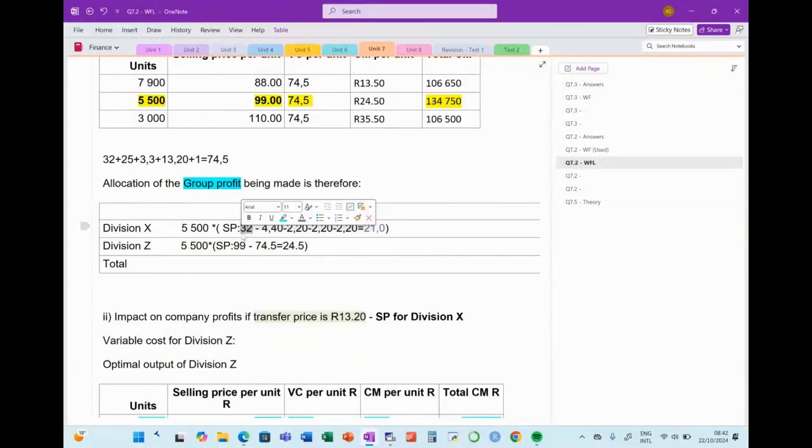It says, Division Z, no, let me start from the beginning. 5,500 units are transferred internally to Division Z at a transfer price of 32 Rand per unit. The transfer price is obtained by deducting variable expenses from the external selling price. So when it comes to our internal, we are not charging that variable selling price. So I guess it's part of the policy.